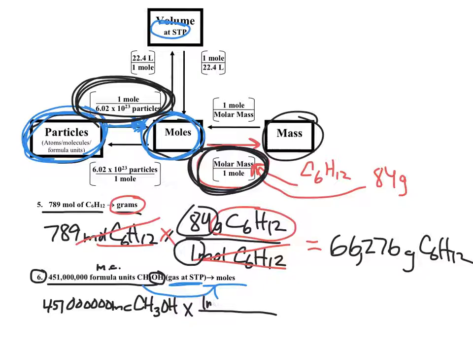And it's going to be 1 mole on top, just like it says, and that's of CH3OH. All right? That's methanol, by the way. And then on the bottom, we're going to put our 6.02 times 10 to the 23rd. Remember, that's Avogadro's number, and that's what's on the bottom. As long as you follow your map, you'll be good. And that is going to be molecules of CH3OH.